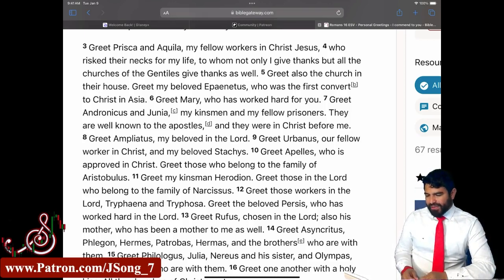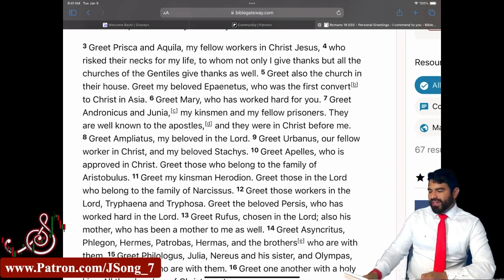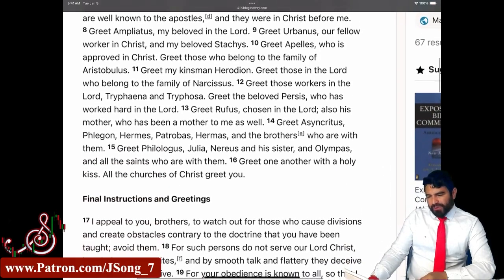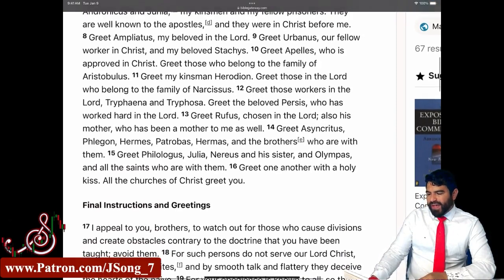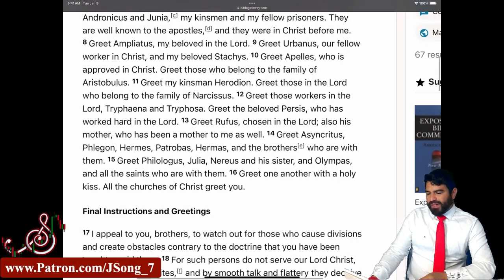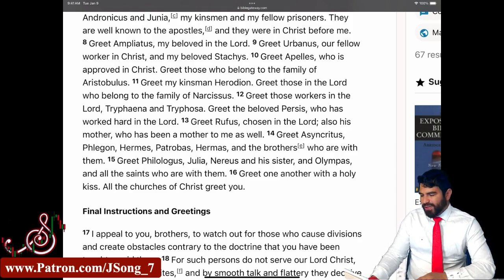Greet Apelles, who is approved in Christ. Greet those who belong to the family of Aristobulus. Greet my kinsman Herodion. Greet those in the Lord who belong to the family of Narcissus. Greet those workers in the Lord, Tryphaena and Tryphosa. Greet the beloved Persis, who has worked hard in the Lord.